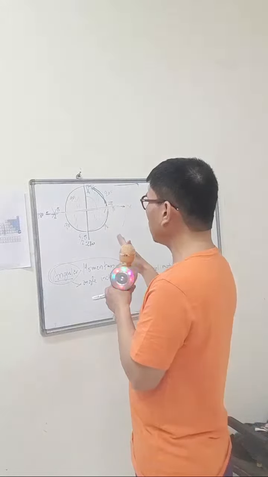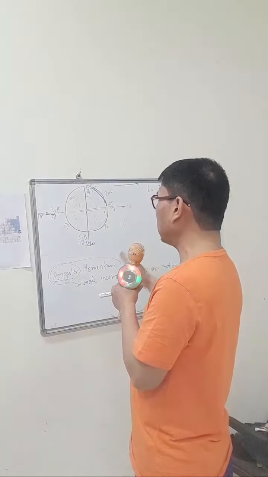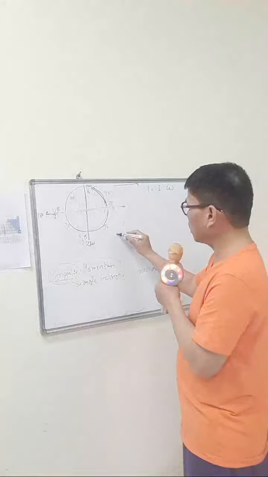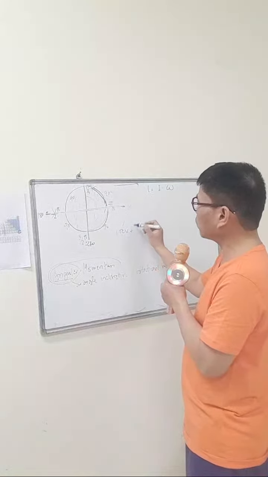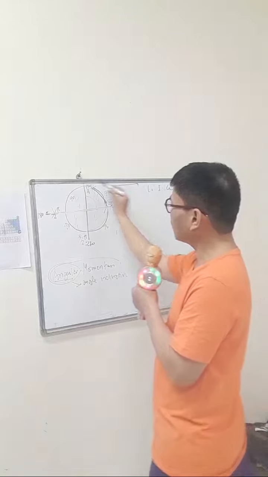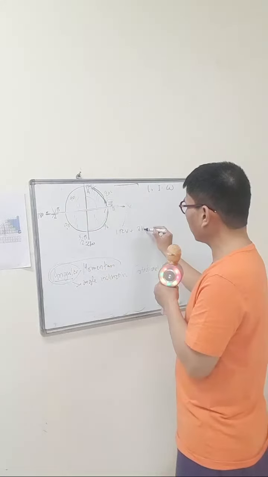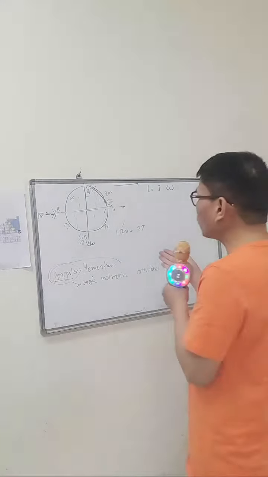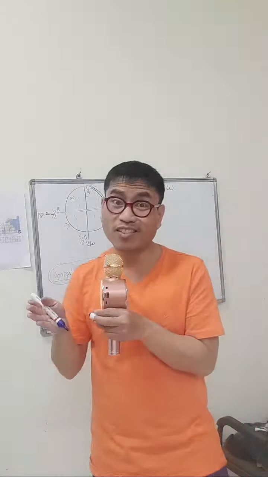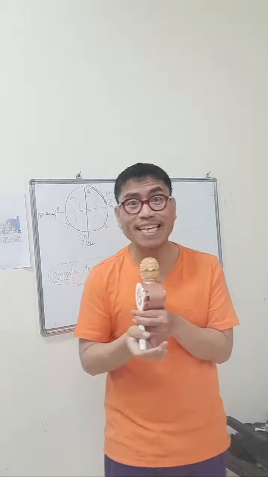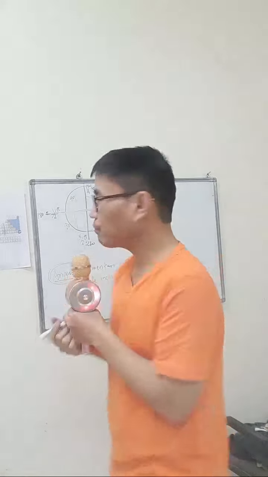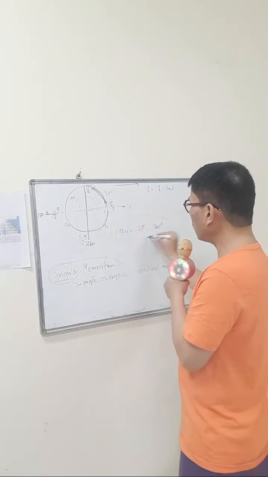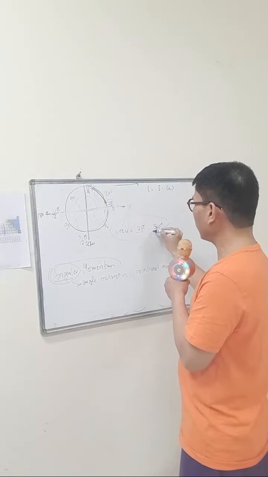One revolution is equal to one cycle, which equals 2 pi, and it is also equal to 360 degrees in terms of angle of inclination.